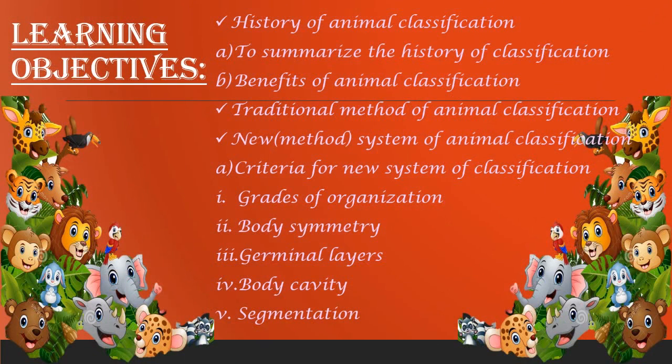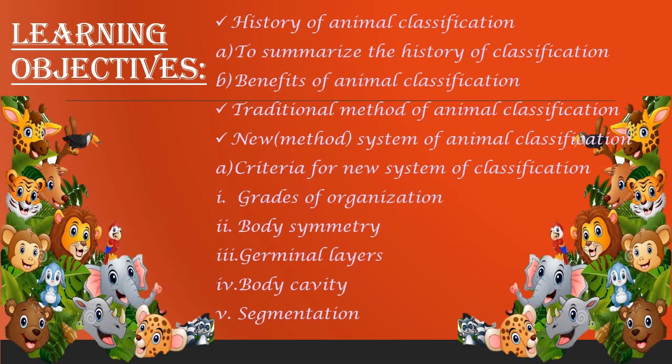Students, before beginning with Module 1, let us understand what the learning objectives are. In this module, you will be understanding the history of animal classification. Under the history of animal classification, we will be summarizing the history of classification that we have learned in our lower classes. Then we will be understanding the benefits of animal classification.